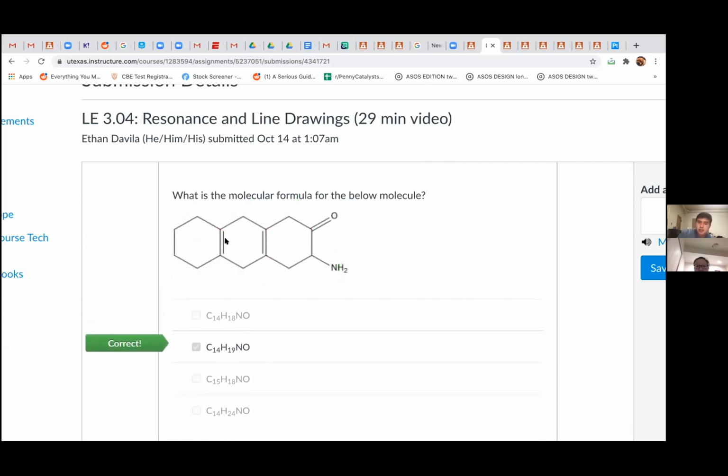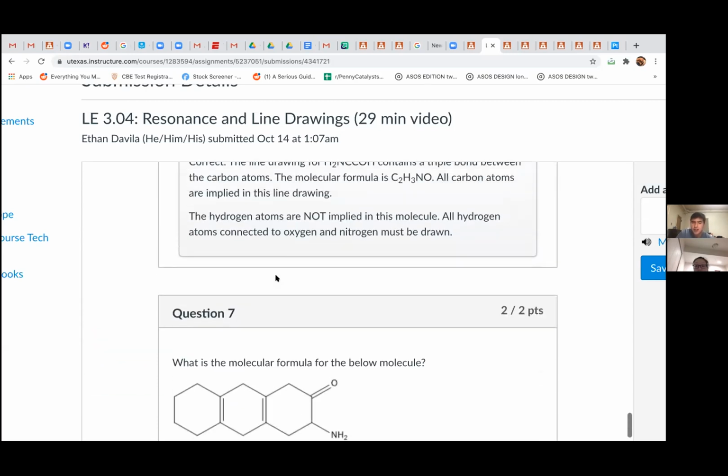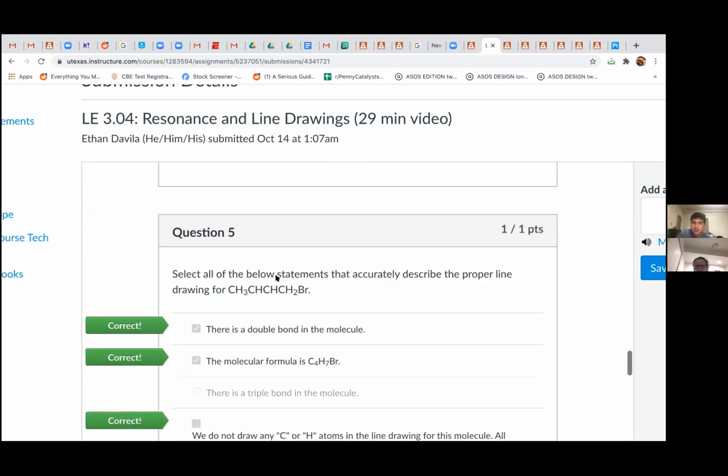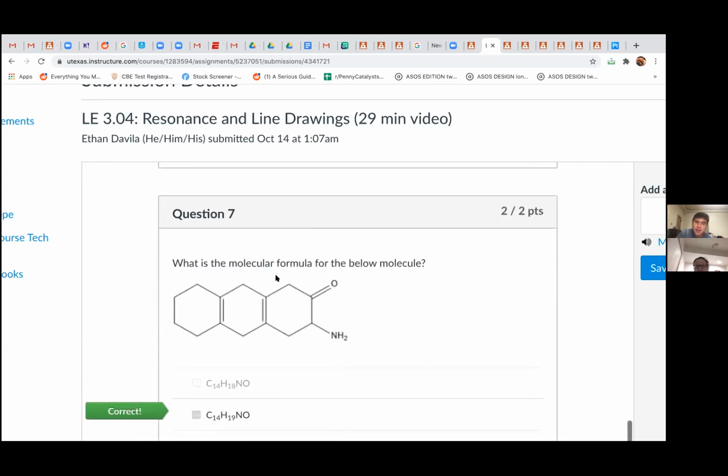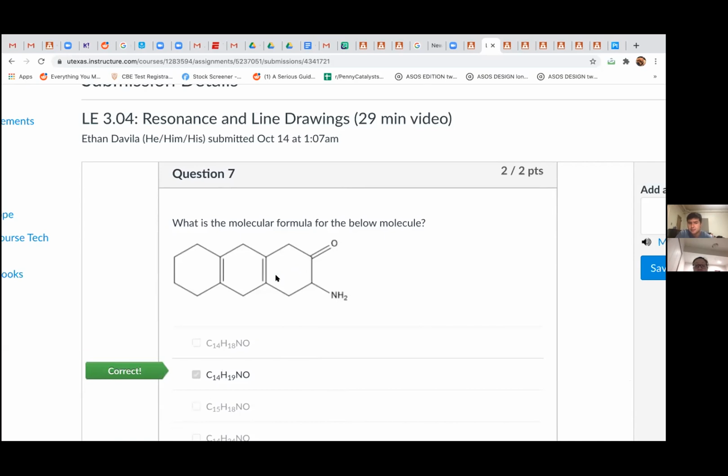Can you draw this in line structure? This is the line structure. Oh, like how you drew it with the H's and C's showing? Oh, you want me to draw it with the C's and H's? Like that? Yeah.